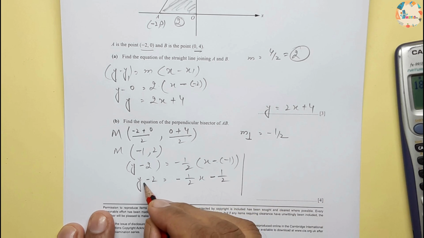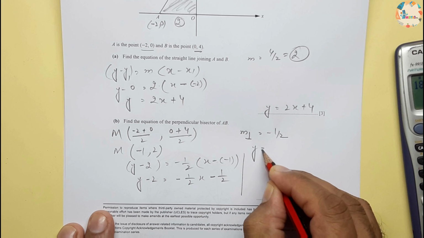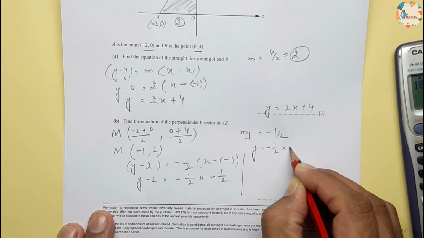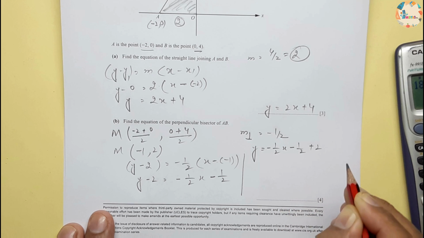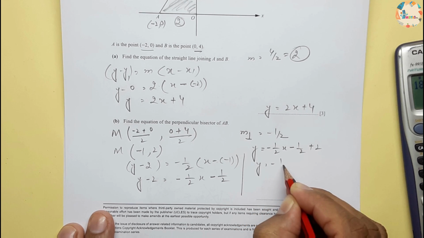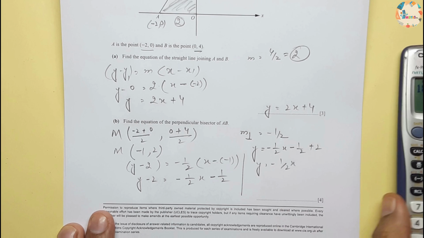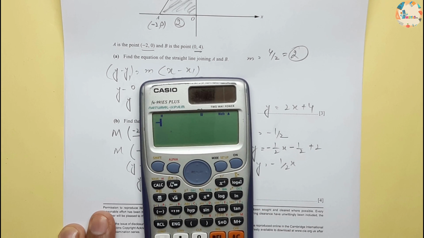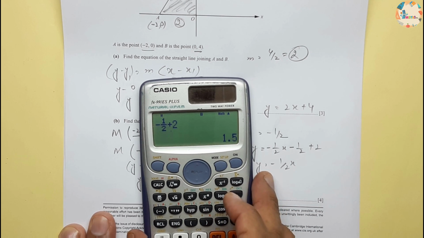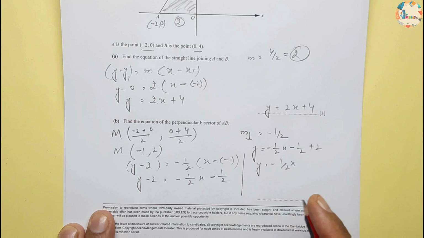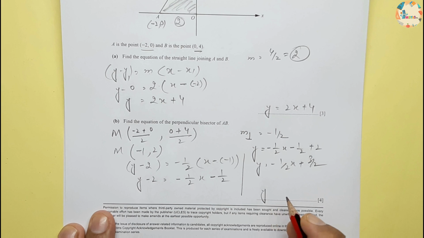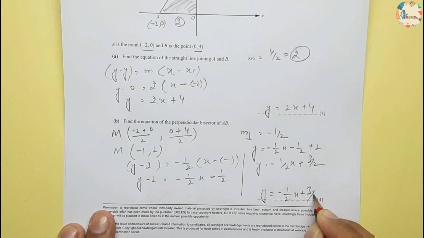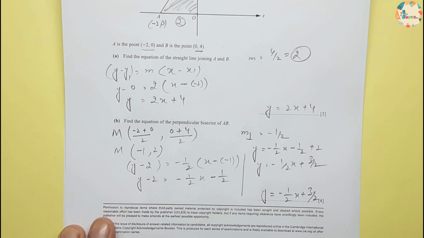And what we can do, we can shift minus 2 to this side. y will be equal to minus 1 by 2 x minus 1 by 2 plus 2, and this one we can simplify with the calculator. Minus 1 over 2 plus 2 will be equal to 1.5 or 3 by 2. So I will write here 3 by 2. Now our final answer will be y is equal to minus 1 by 2 x plus 3 over 2. This will be our answer.